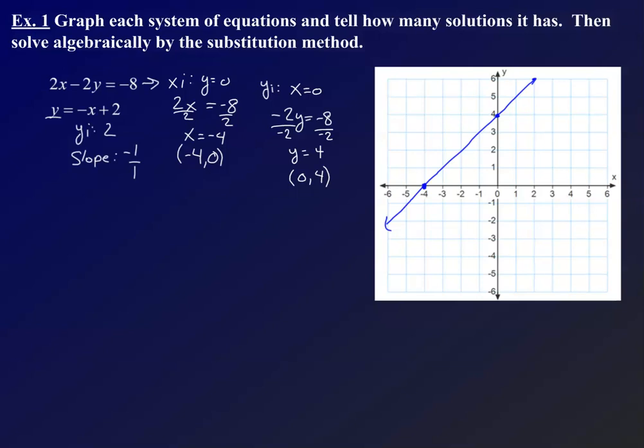So that means that we're going to start at 2, and we're going to go, the top number is negative 1, so we go down 1. Bottom number is 1, so we go to the right 1. And I can go the other direction with it if I want. And that should be enough to get the line. And again, you want to make sure you use a straight edge so that your line is straight.